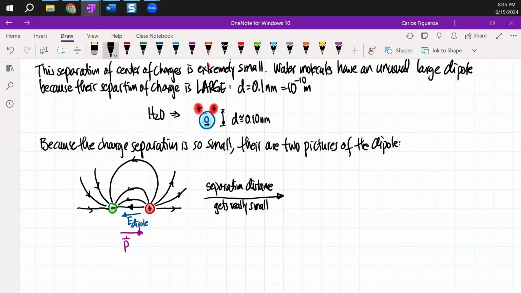We're just talking, for dipoles, it's not that far. So what you're seeing here is that you can't see the separation. So there is a green charge, there is the red charge, but we can't see that separation. So we see the dipole moment. We can't see the dipole field here.